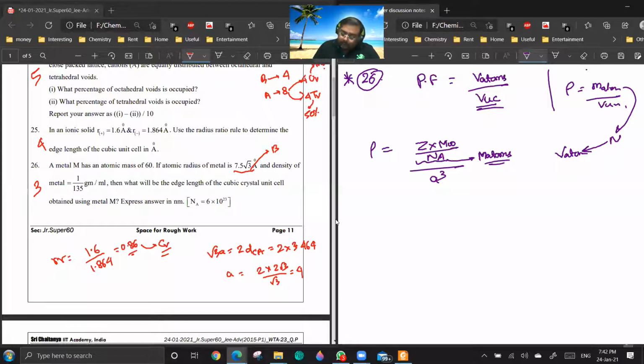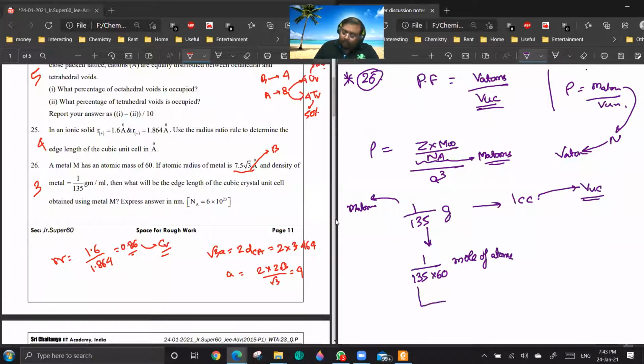Okay, so let us see that density. What is density given? It is 1 by 135 gram in 1 cc of unit cell. So this is basically mass of atoms, and this is the volume of unit cell. Now, what is this 1 by 135 gram? It is 1 by 135 into 60 moles of atoms.